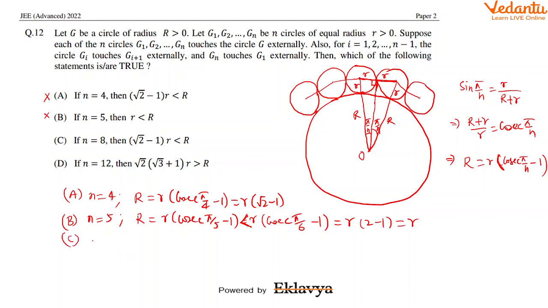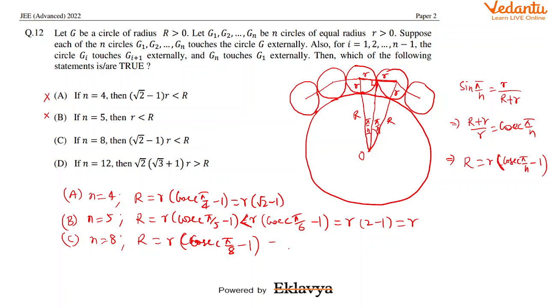Considering option C, n equal to 8, capital R is r times cosec pi by 8 minus 1. Cosec pi by 8 is cosec 22.5 degrees.